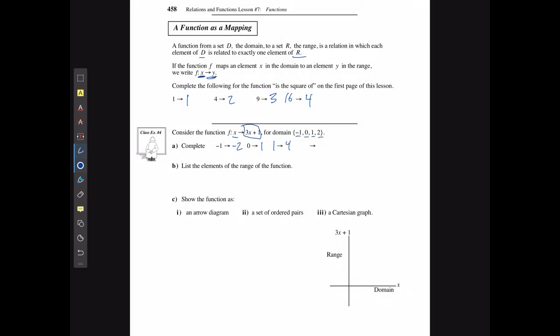And if I have 3 times 2 as my x value plus 1, it gives me 7. What is the range? Well, the range is going to be represented by -2, 1, 4, and 7.